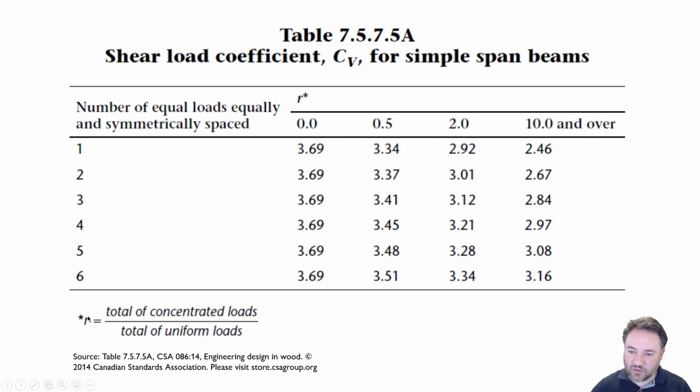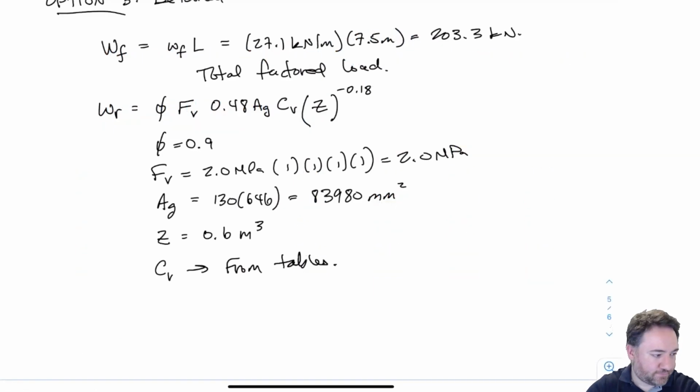So the value of R is going to be 0, right? So if I come up here for R of 0, I get 3.69. You see, regardless of how many equal loads I have, because R equals 0 means I don't have any equally spaced point loads. So that means that my CV is going to be 3.69 if I use this approach.